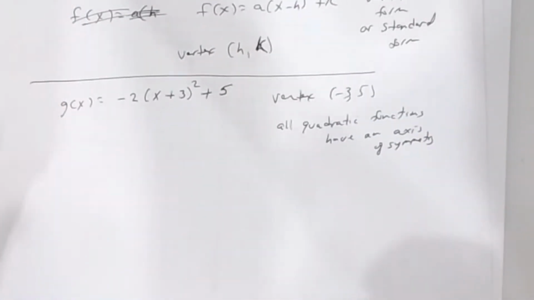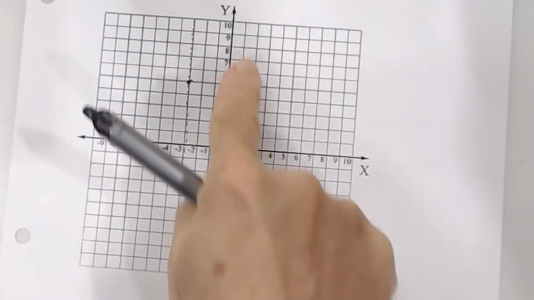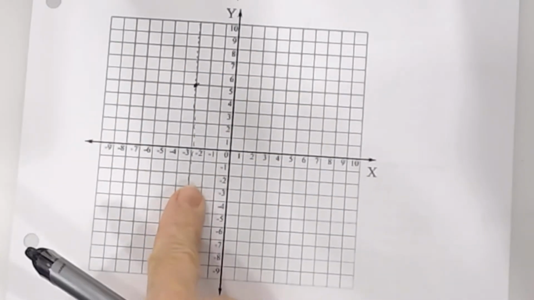Whenever you look at graphs of quadratic functions, you don't ever see that dotted line. When you look at your math book or go online, it's usually just that parabola. But you're going to draw the axis of symmetry to help you graph the parabola. Just like with the even function, when I graph this, my parabola is going to be symmetrical about this axis of symmetry.